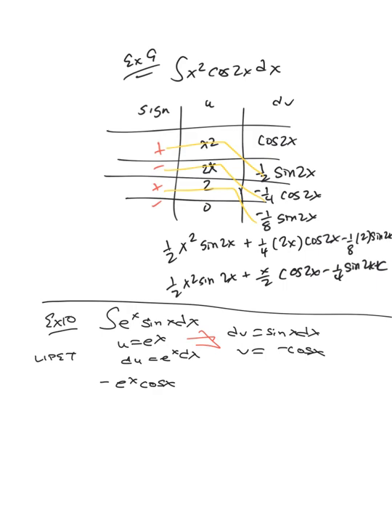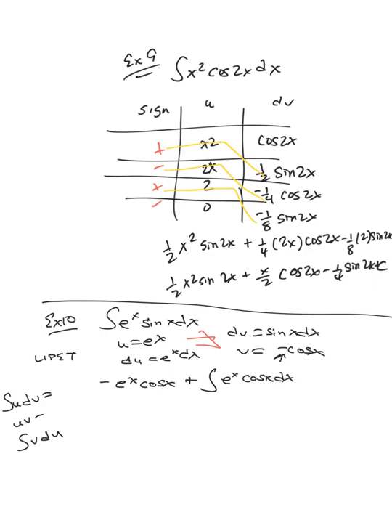So remember, the formula is the integral of u dv equals uv minus the integral of v du. So I got my uv minus the integral. Now it's minus and negative, so that's going to be plus the integral of e to the x cos x dx.